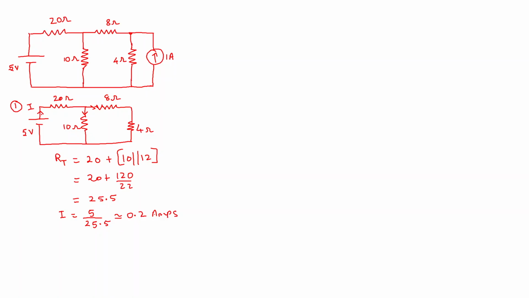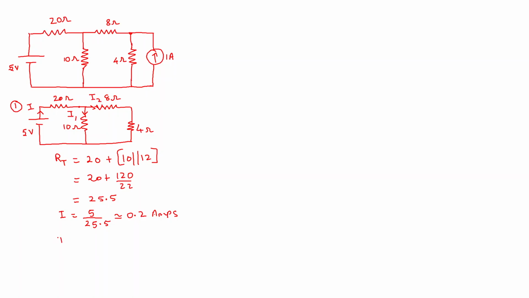This 0.2 amps flowing through the 20 ohms at this point will get divided into two: the current through 10 ohms, and the current through 8 plus 4, that is 12 ohms. I would like to find the current through this 4 ohms. Whatever is the current through 8 ohms is what goes through the 4 ohms also. Using the current division rule, let me name the current through 10 ohms as I1 and the current through 8 ohms and 4 ohms as I2.